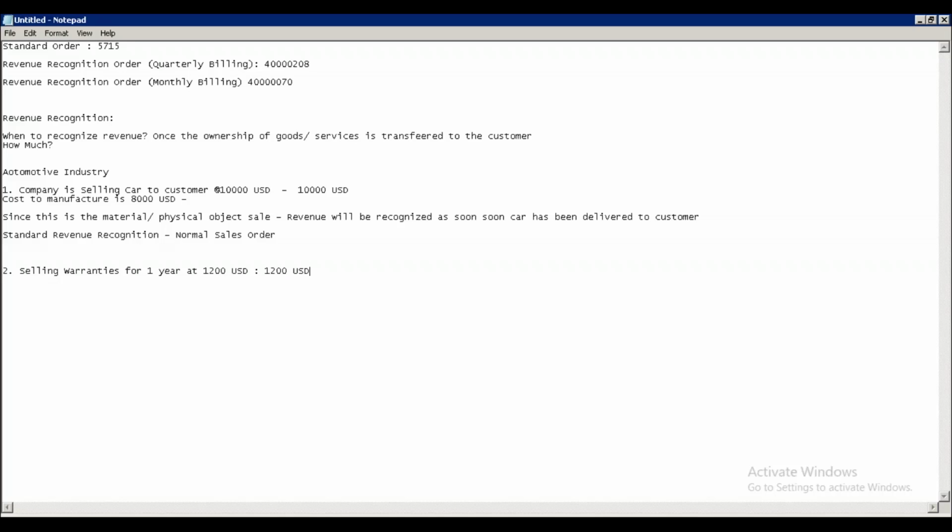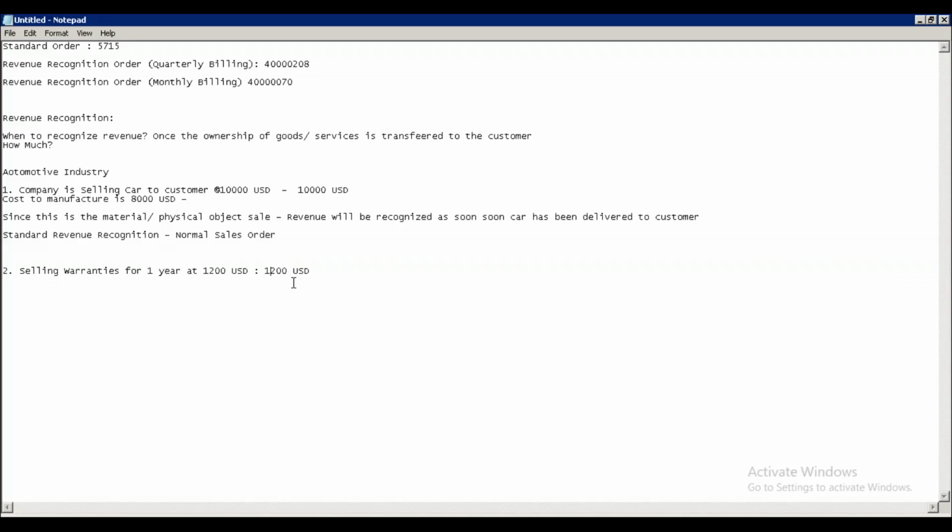Yes, perfect. So both are correct. You are saying 1200 will be your total revenue throughout the life cycle of this particular contract. But you are right that this 1200 belongs to 1 year of subscription or 1 year of warranty. Normally, when we are talking about accounting standards, we are following the periodic approach, right?